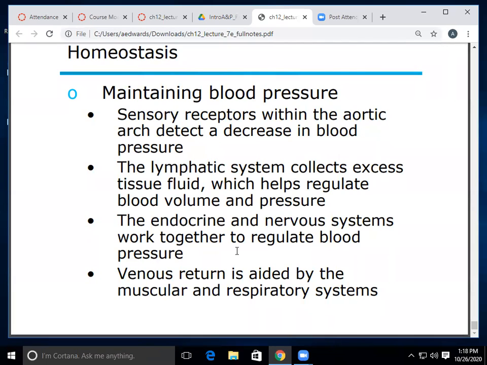And that helps regulate the volume of your blood by how much fluid has been absorbed, as well as blood pressure. Okay, if you have more blood or more fluid in the blood vessel, you're going to have a higher blood pressure. Endocrine system, nervous system, they collaborate, work together, regulate blood pressure.